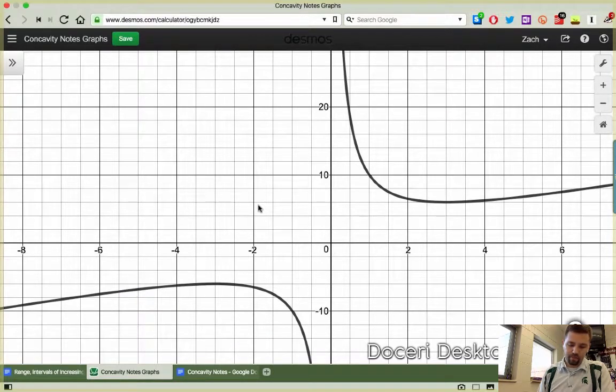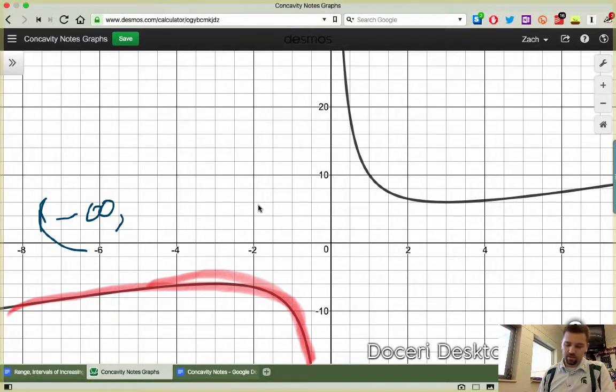So it's concave down over here on the left, and we'll write that interval out. That's going to go from negative infinity up until you get to 0. There's a vertical asymptote here at 0. So it's going to be concave down everywhere to the left of the y-axis, not including 0.